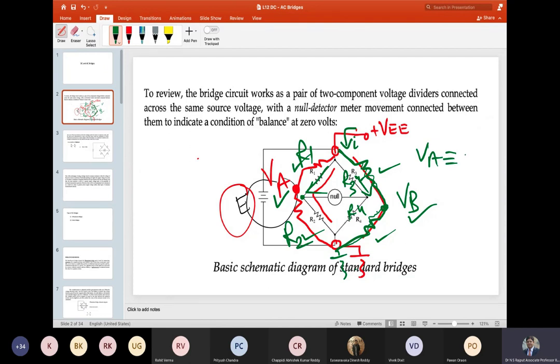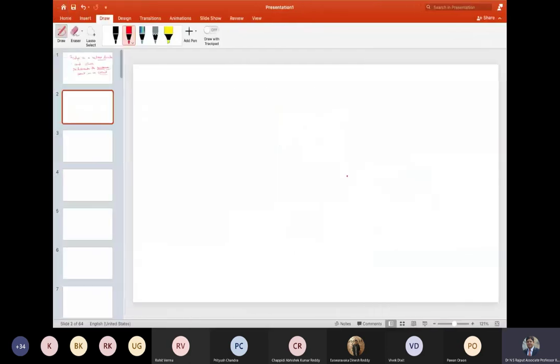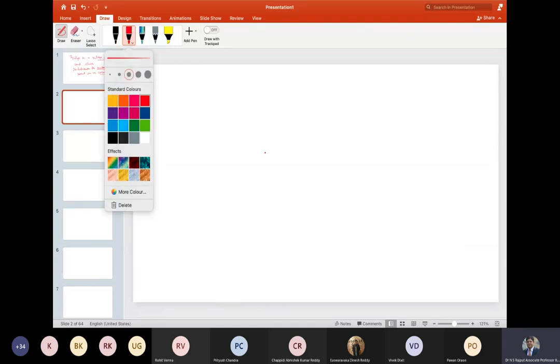So VA is equal to VB, and therefore if you connect a voltmeter over here, it will show you 0 voltage, right?